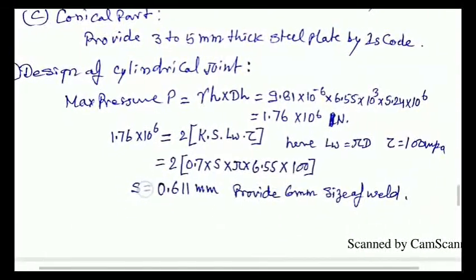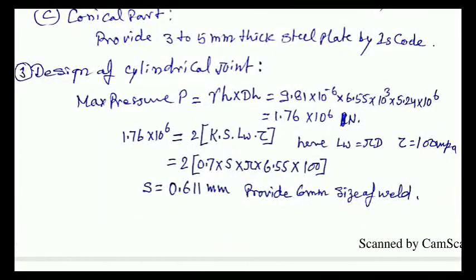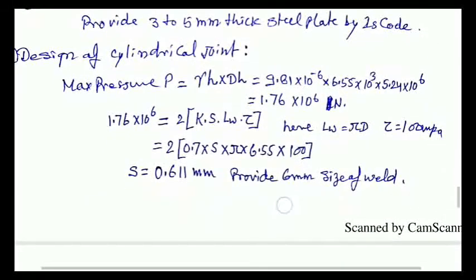So provide 3 to 5 mm thickness of the plate as shown here. Now come to the design of cylindrical joint. It is the most critical joint, because the total pressure will be handled by this, because of the hoop stress. So total maximum pressure P equal to gamma h into d h, as we have already seen.